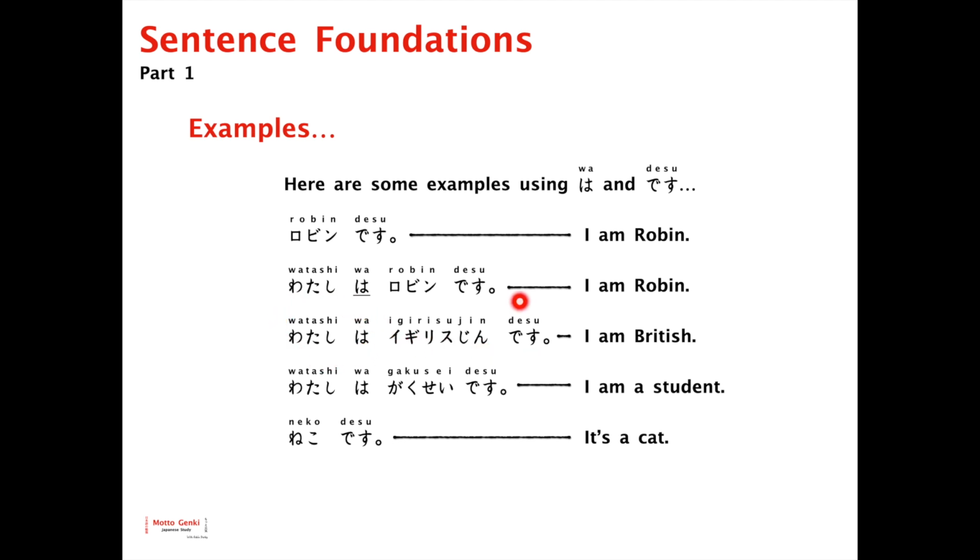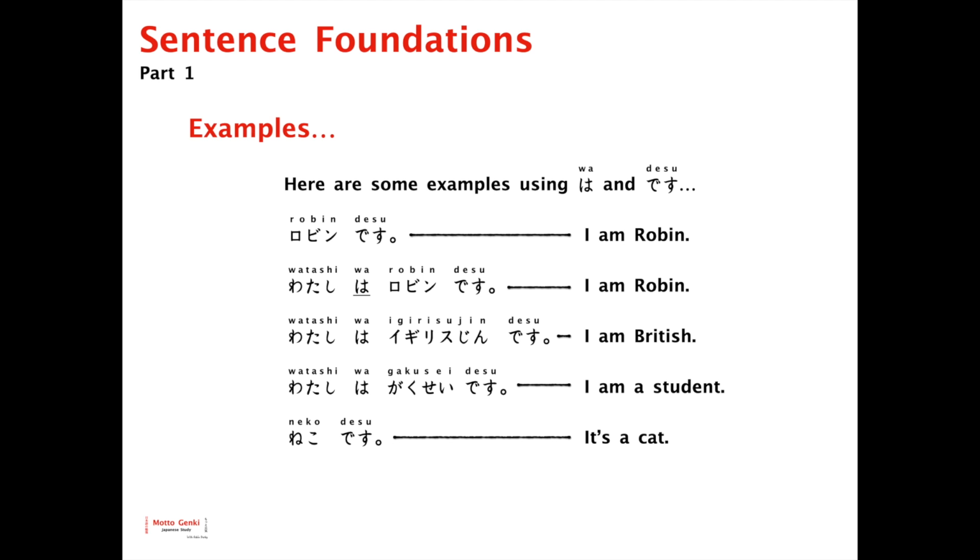Igirisujin desu. I am British. And the next one, watashi wa gakusei desu. Gakusei means student. So watashi wa, again, the thing we're talking about is me. Gakusei desu. I am a student.